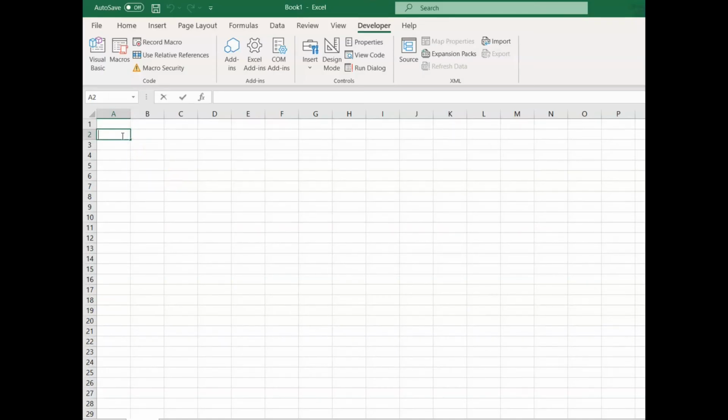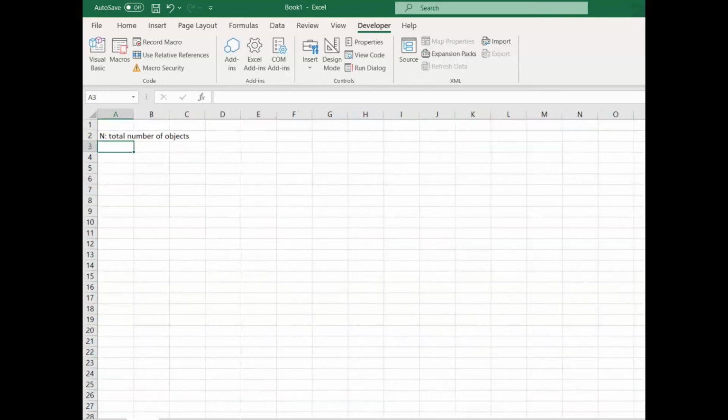Now let's use Excel to calculate combinations. Okay. First, we enter n, the total number of objects. Okay, how many types of fruits we have.